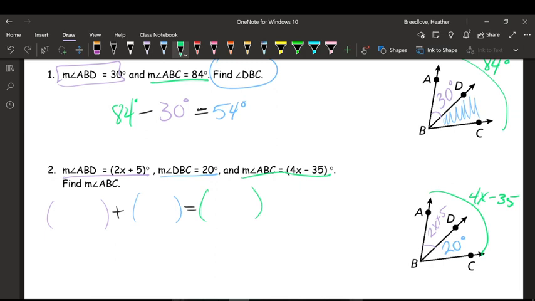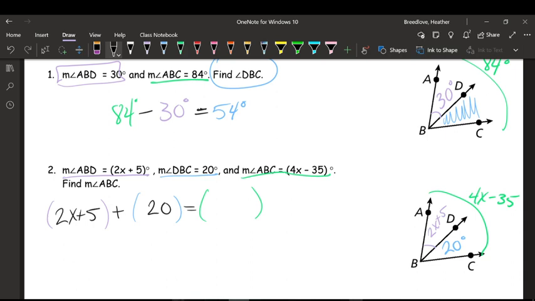So geometry actually is really easy. It's the fact that you have to throw all this algebra in there. So that is the angle addition postulate. Purple plus blue equals green. All right, but now I need to fill in the values. Since I know I have it laid out right, now I can plug in what I have. 2x plus 5 is purple, so I'm going to put it in there. The blue is 20, so I'm going to put that in there.